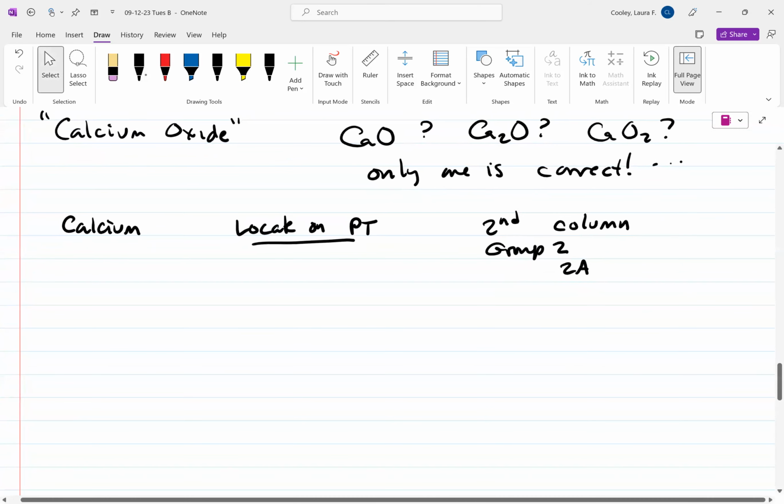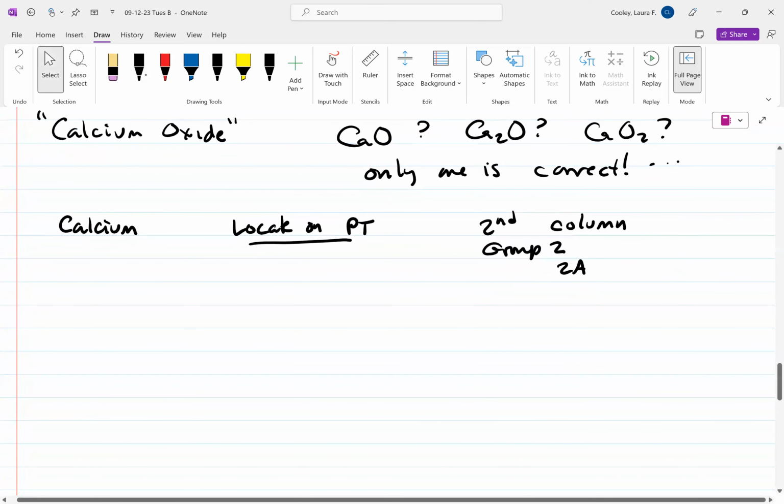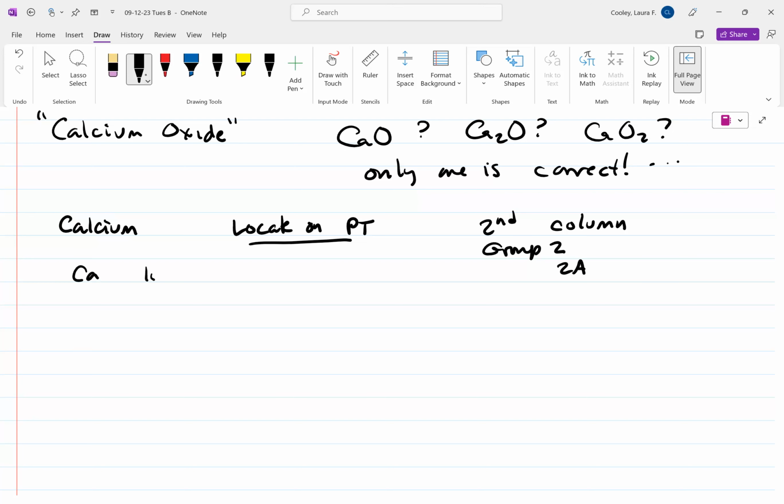For all elements in group 2, it would lose 2 electrons. So calcium loses 2 electrons to attain the same number of electrons as the previous noble gas.